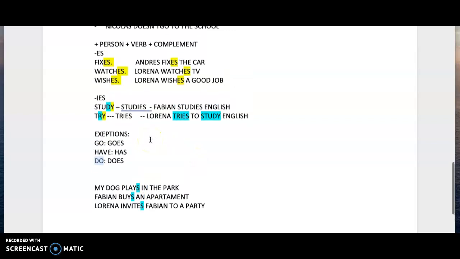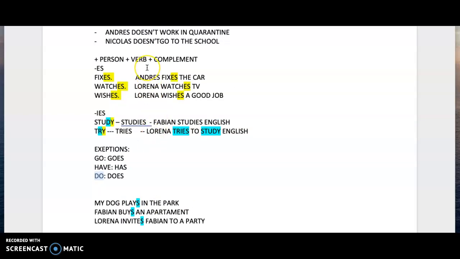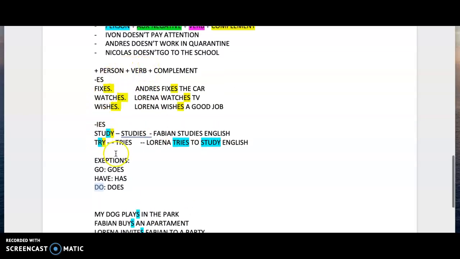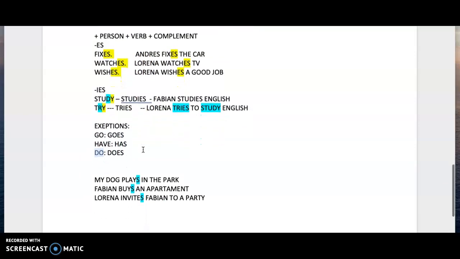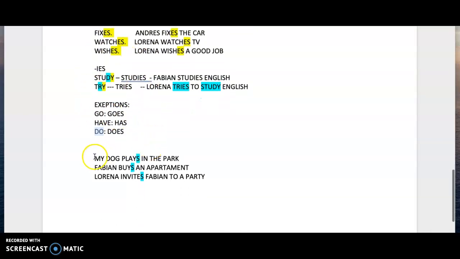It means that los que no siguen estas reglas, a todos los verbos cuando hablamos de una persona o un objeto y no tiene el auxiliar, a los verbos se les agrega S, los que no cumplen estas reglas. ¿Listo? So, mi perro juega en el parque. My dog plays in the park. Fabián buys an apartment. Lorena invites Fabián to a party.